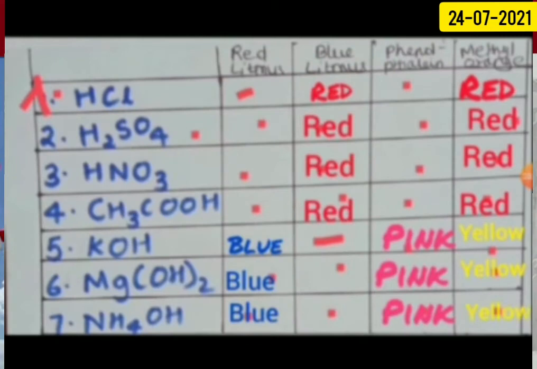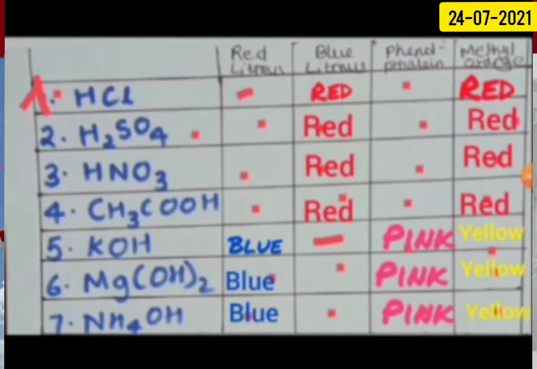See this table. Here we have HCl, H2SO4, HNO3, CH3COOH, that is acetic acid, as acids. Then KOH, Mg(OH)2, that is magnesium hydroxide, and ammonium hydroxide are given. We are going to do the test using red litmus, blue litmus, phenolphthalein and methyl orange.